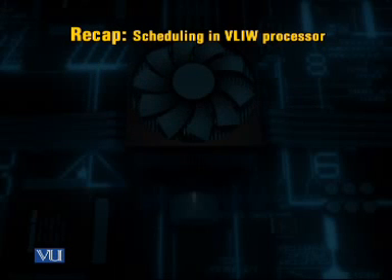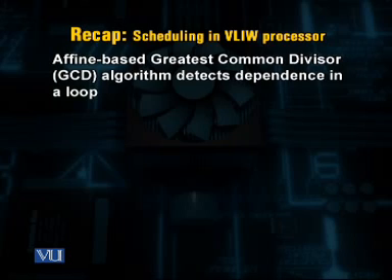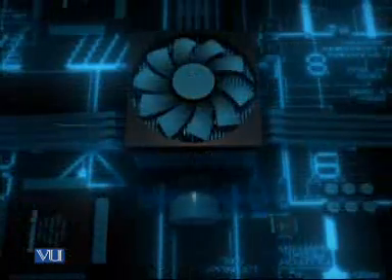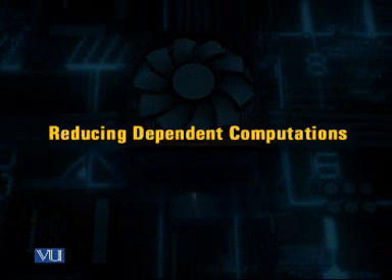At the end of our discussion last time, we studied the affine-based greatest common divisor algorithm to detect dependence in a loop. Then, continuing, we explored how a compiler can reduce dependent computations. Today, we will find some new methods to reduce the computations for dependence.